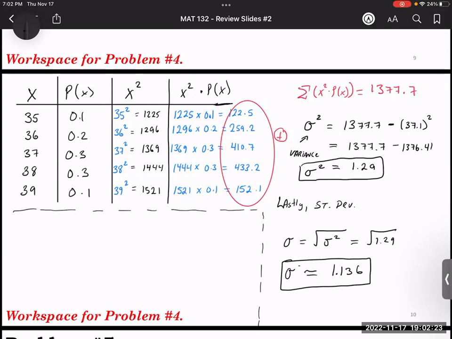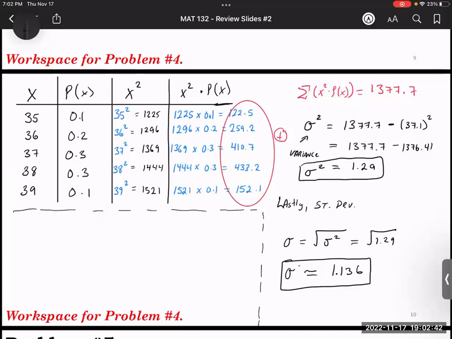Okay, so standard deviation is just the square root of the variance. That's right. It's always been like that. And if you want to find variance given the standard deviation, then you would square the deviation to get the variance.